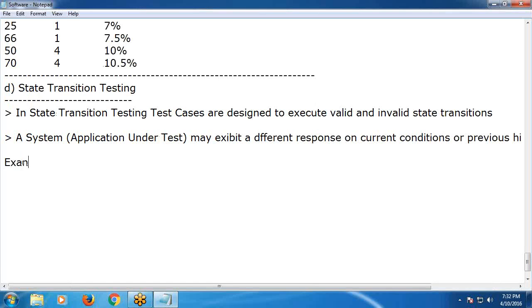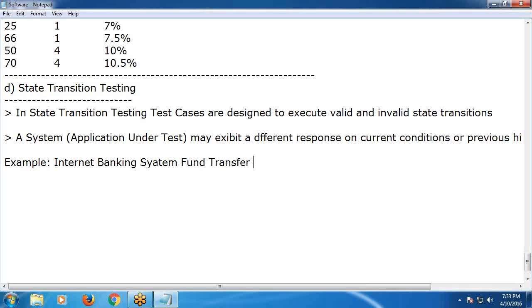Example. Internet banking system fund transfer operation or functionality.